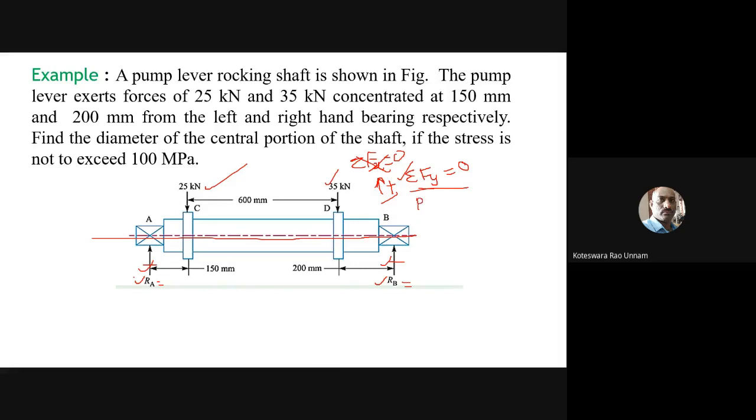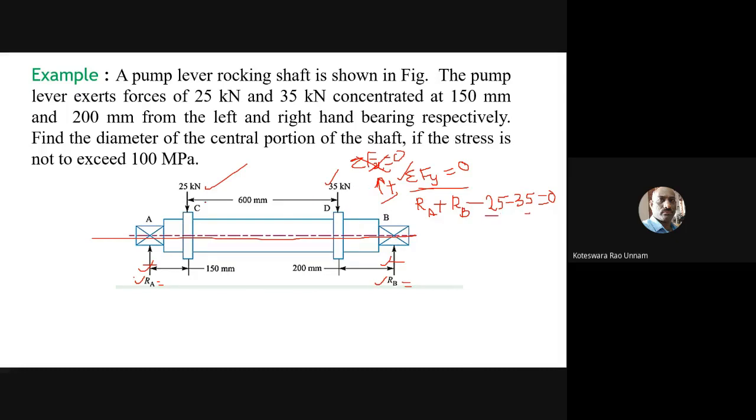I have two upward forces, RA plus RB. Then I have two downward forces, minus 25 and minus 35. So this is my one equilibrium equation: RA plus RB minus 25 minus 35. Why do I have to take minus here?